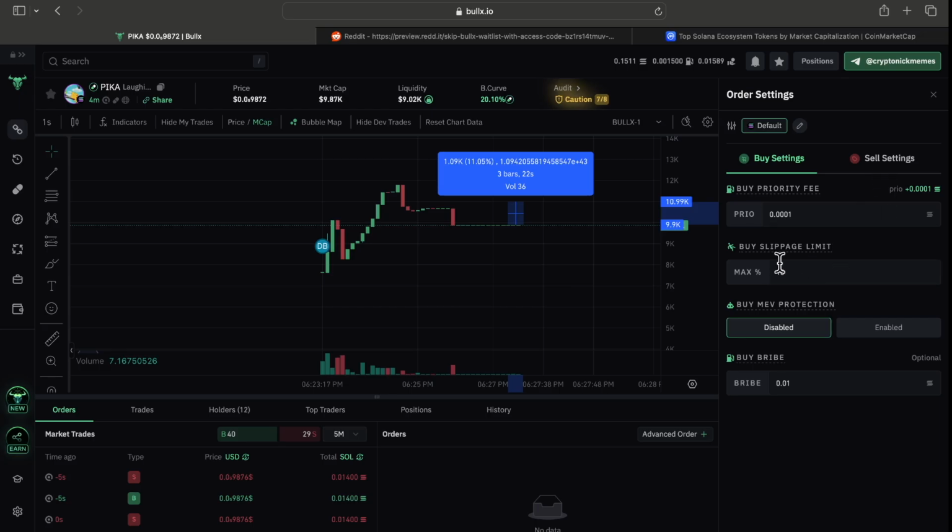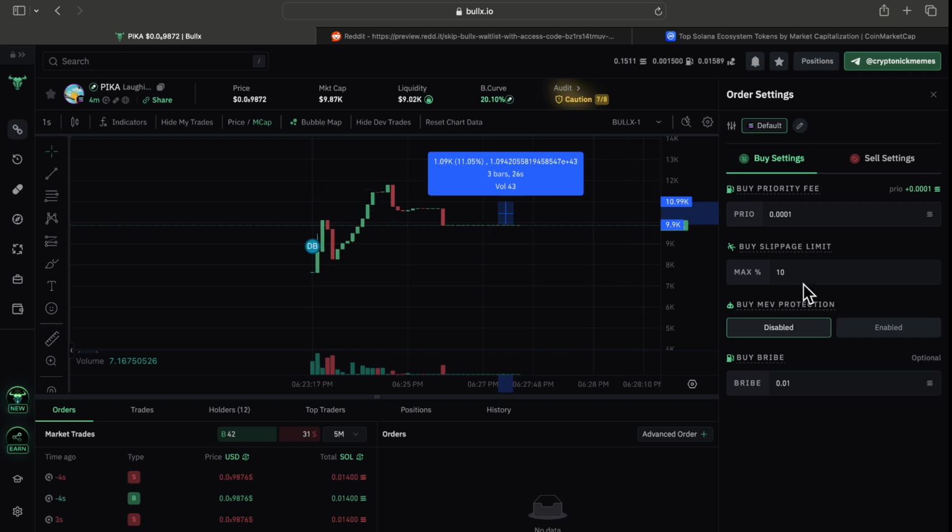There is also the reverse slippage when it comes to selling. I'm going to cover this shortly. Now, MEV protection, the higher the slippage, the more useful that would be. Because if your slippage is high, you can really get MEV'd badly.